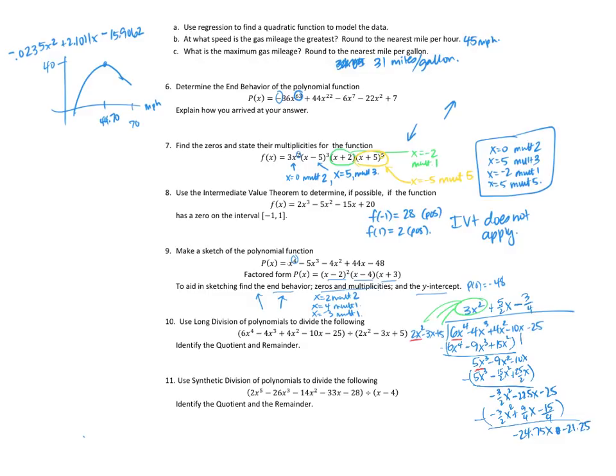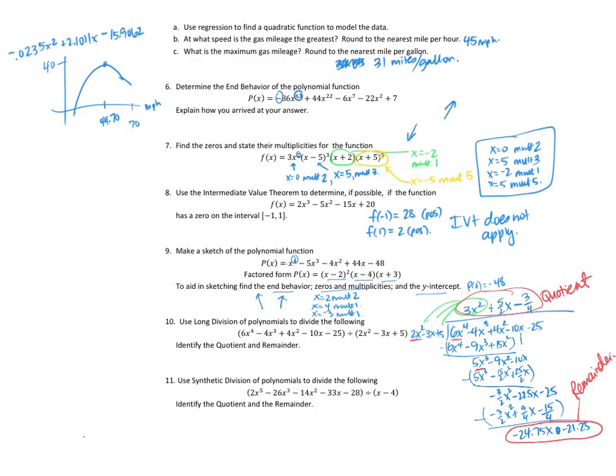Okay, and so the quotient is this top part here. It's called the quotient. And this part down here is called the remainder.